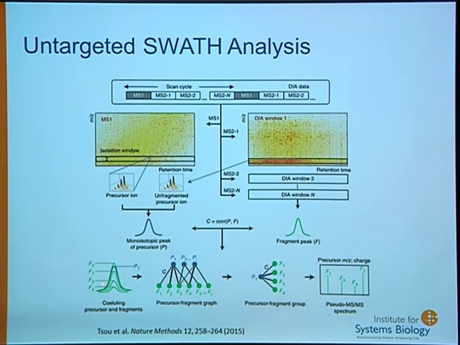And then you get elution peaks for a lot of fragment ions, and you look at how is the coelution of these fragment ions, and do they match a fragment ion of a precursor, so you can generate a pseudo MS2 spectrum that you can then search with Sequest, Mascot, Comet, or the software you learned.